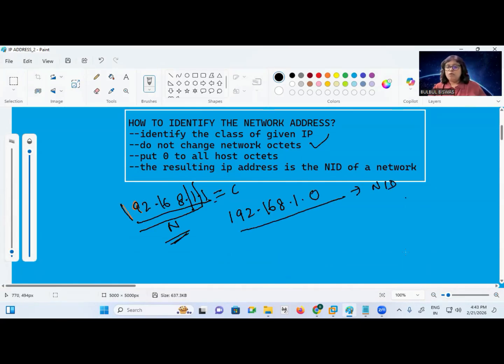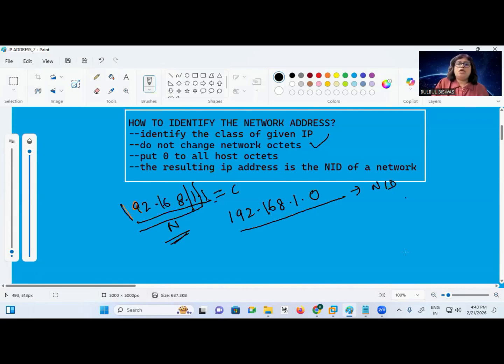Am I clear? That means whenever you get an IP address, first identify the class, never change the network octets, and put zeros in all the host octets. The resulting IP you get is nothing but the network address.